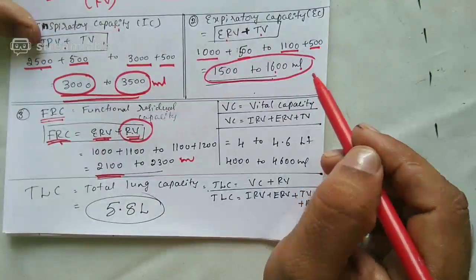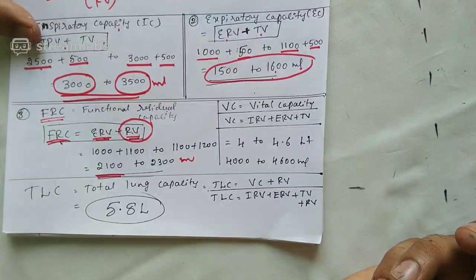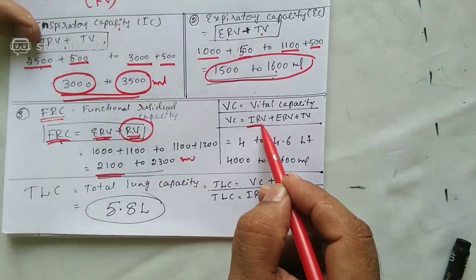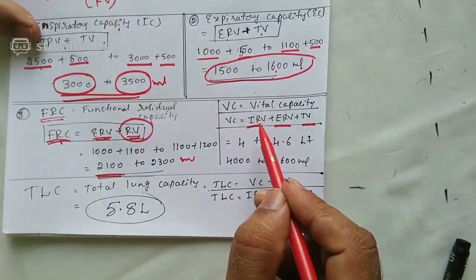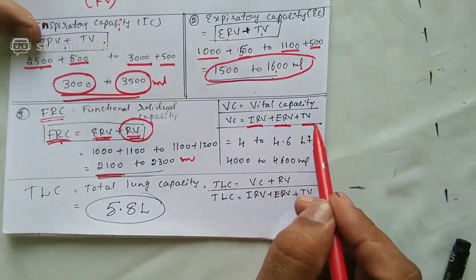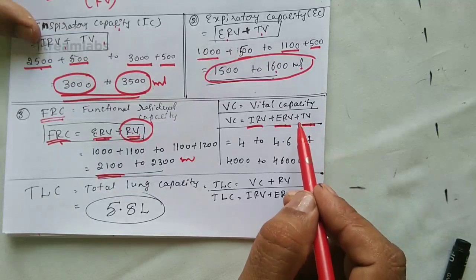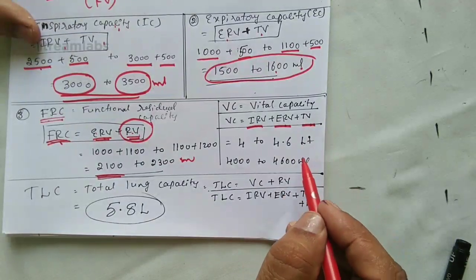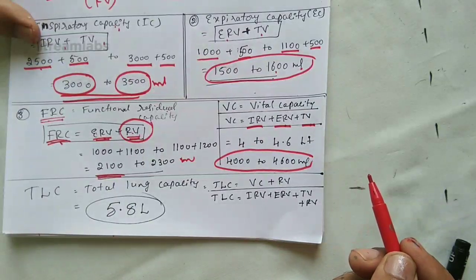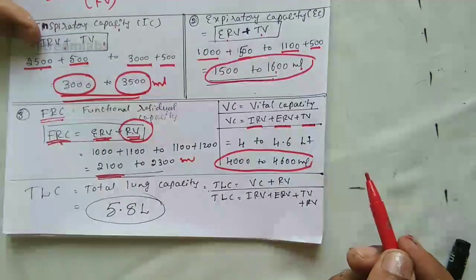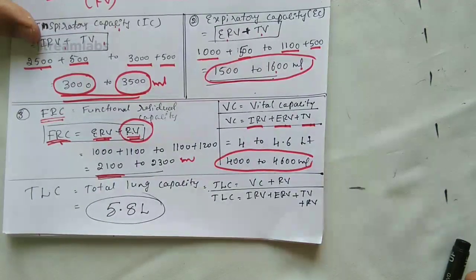Both are forcible, then it is called vital capacity. Vital capacity is equal to IRV plus ERV plus TV. You already know the values, I want you to calculate. When I calculate, the value comes to 4000 to 4600 ml. You can remember it in liters, 4 to 4.6 liters.